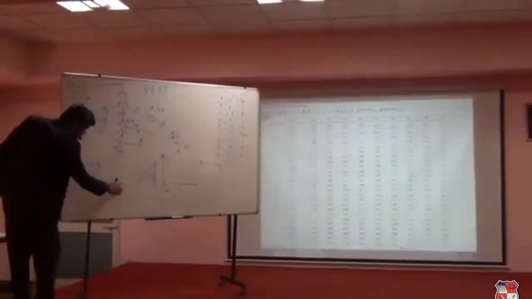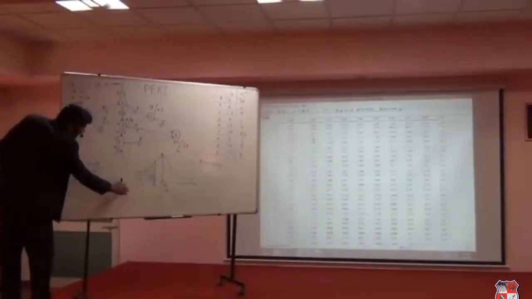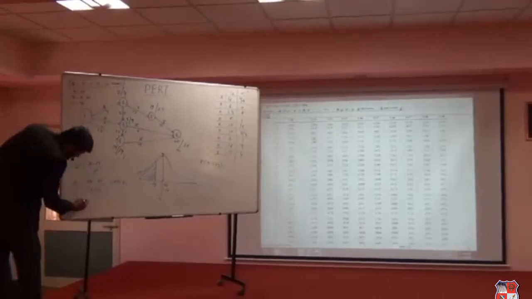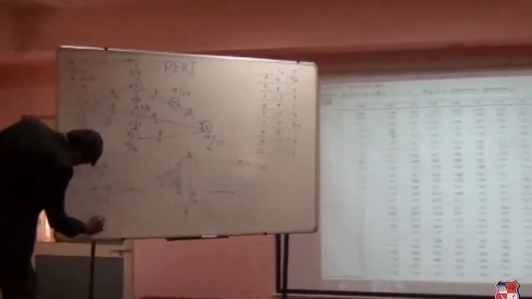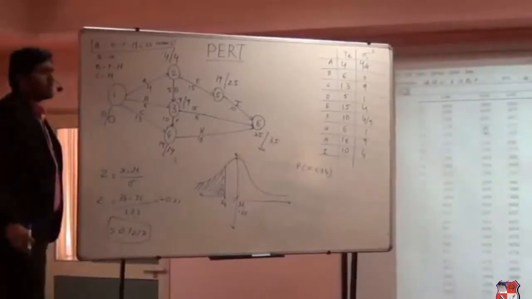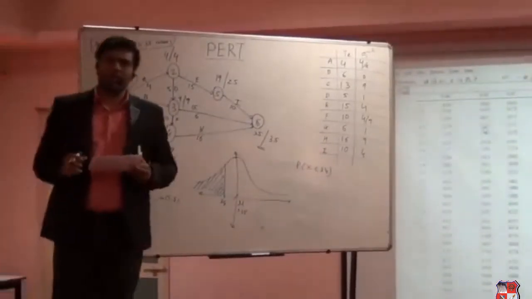You can search it in the table. It will be given in all the books of statistics. So the area covered at 0.31, at 0.3 and the 1, is 0.1217. This is the area. Remember, my friends, only one thing you need to keep in your mind.